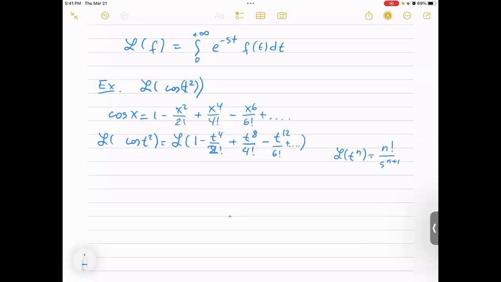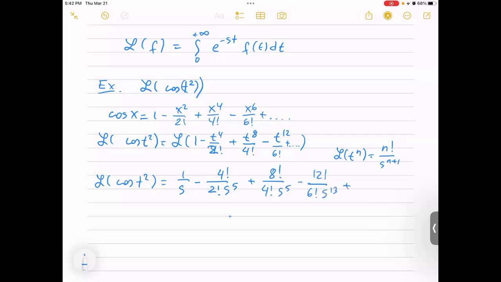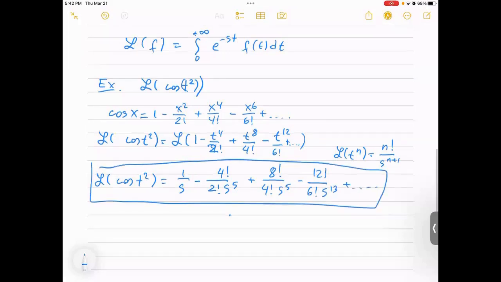So we're going to get that the Laplace transform of cosine of t squared is going to be equal to 1 over s minus 2 factorial on the bottom, 4 factorial on the top, s to the 5, plus 8 factorial on the top, 4 factorial on the bottom, s to the 9, minus 12 factorial on top, 6 factorial on the bottom, s to the 13, plus, and so on. So that will be the Laplace transform of cosine t squared.